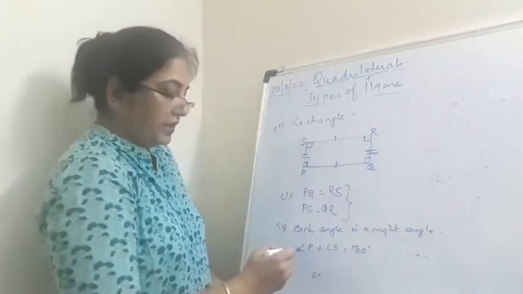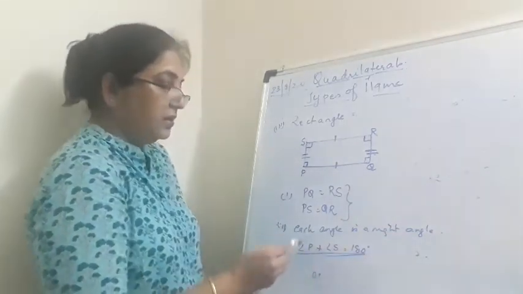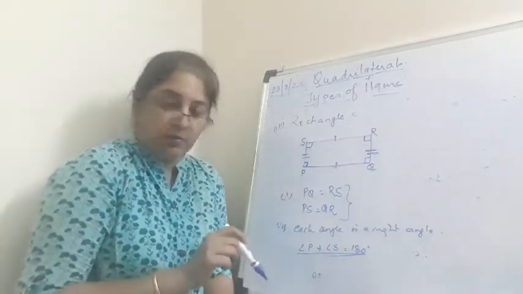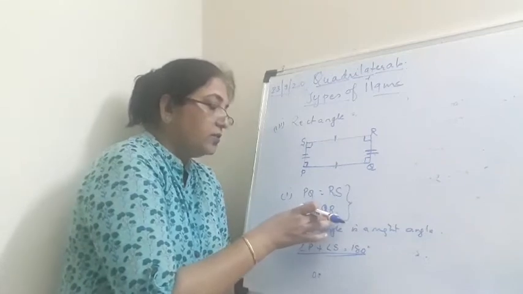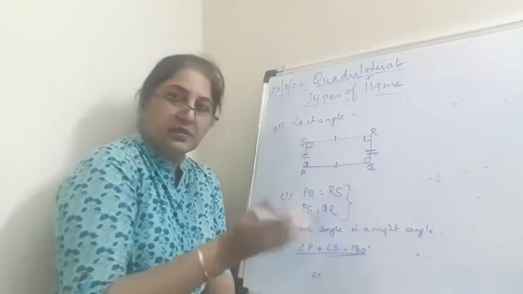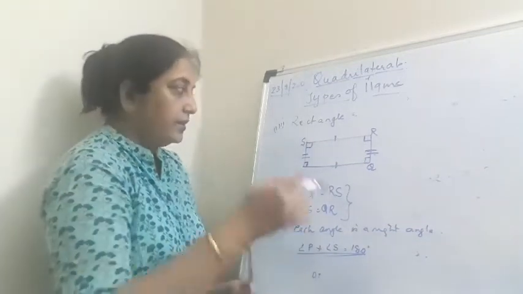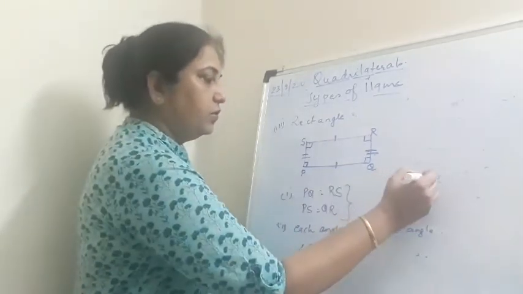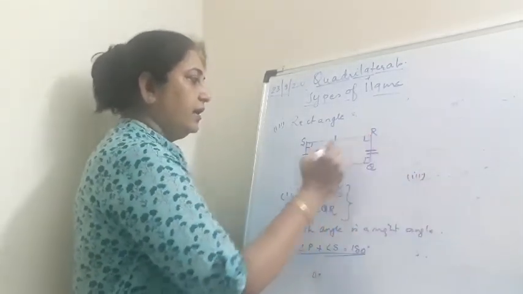So the adjacent angles in a rectangle are supplementary, and adjacent angles in a parallelogram are also supplementary. So this property is the same as that of a parallelogram. Hence a rectangle is a parallelogram. What is the third property which goes with the parallelogram? Diagonals.